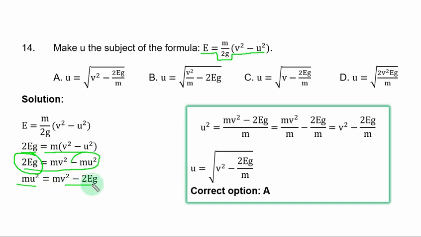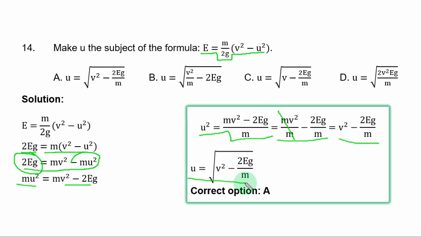Divide both sides by m. You have u squared equal to this. If you break it down, you have it in this form. If you reduce by taking off the 2m, you have this result. To get u, take the square root of both sides, and you have u equal to square root of v squared minus 2eg over m.